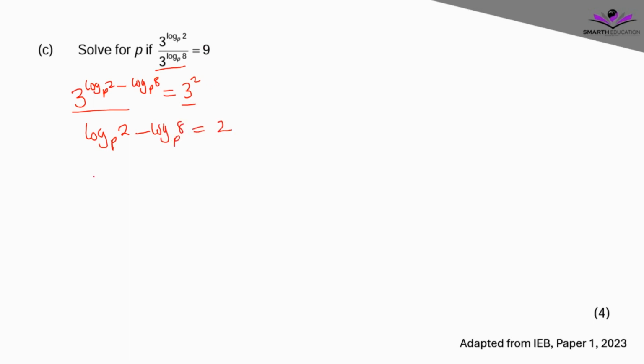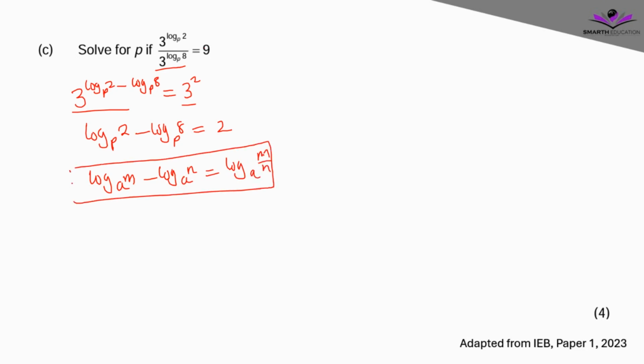You have to remember this logarithmic law, which says log m to base a minus log n to base a is equal to log m over n to base a. We have to remember that. Okay. Now we have to use this law.